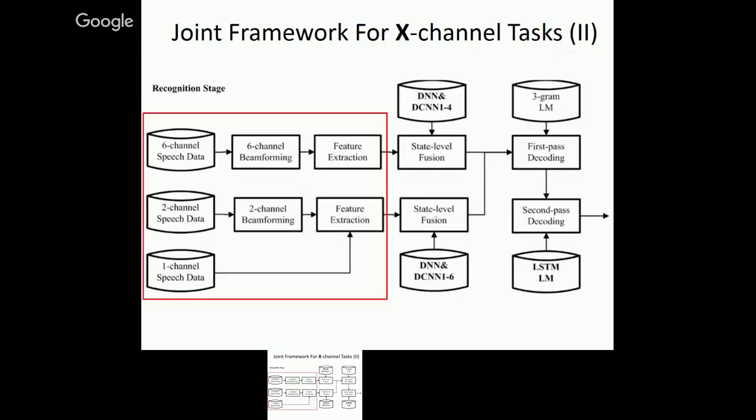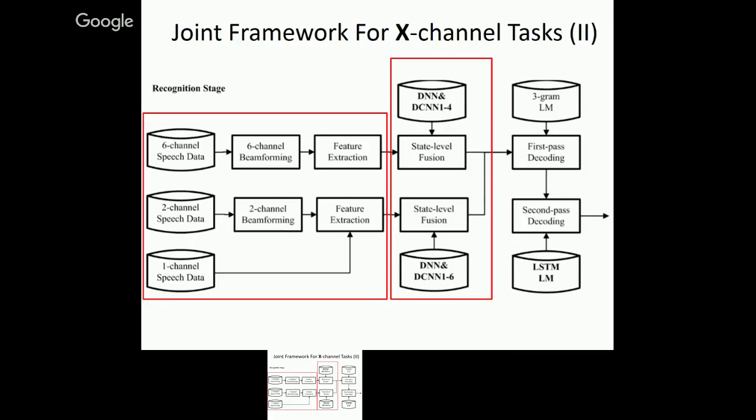For recognition, for the different channels, for 6 and 2 channels, we use 6-channel and 2-channel beamforming, using the same method. And for 1 channel, we just send the noisy input to the feature extraction. The second part is the acoustic models.